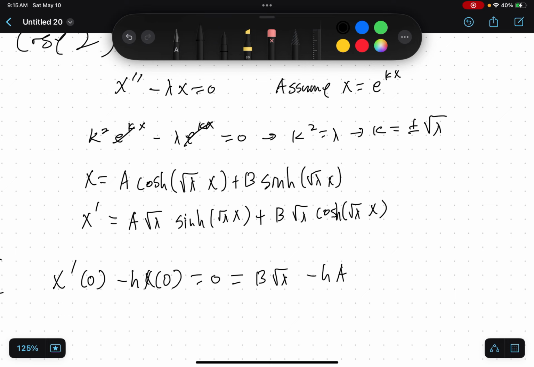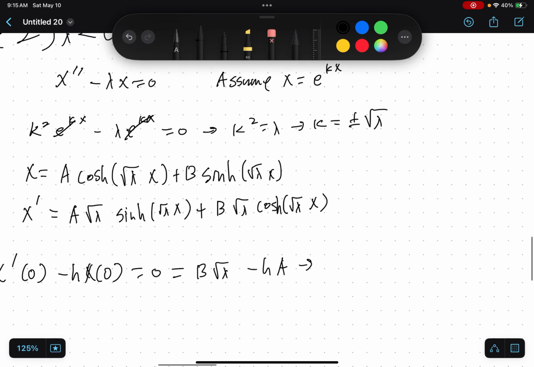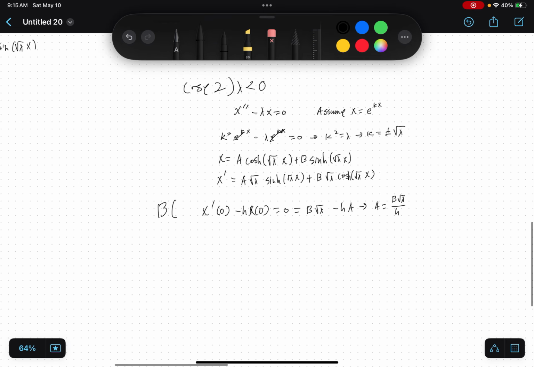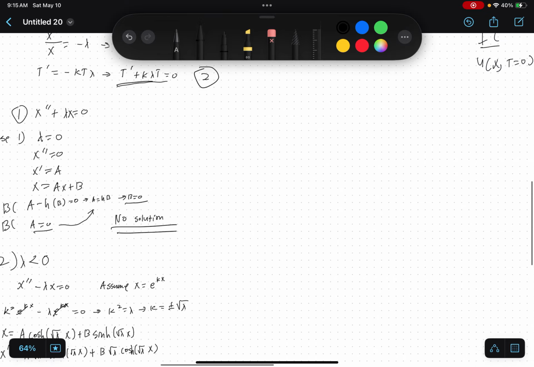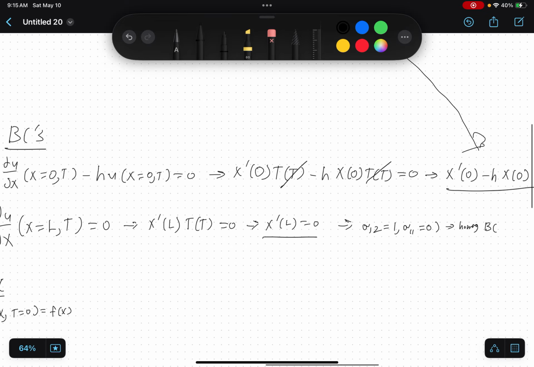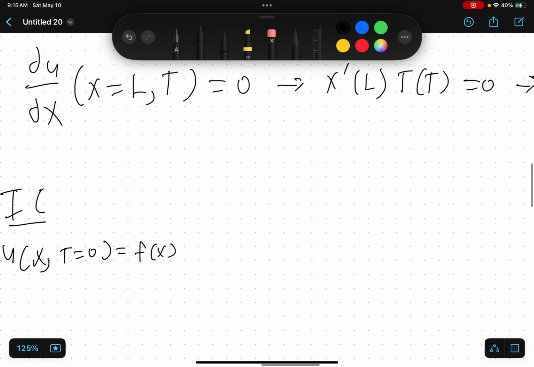Is that right? That is right. Cool. So then we can say that a equals b root lambda over h. Cool. Second boundary condition. This one, x prime at L equals 0.